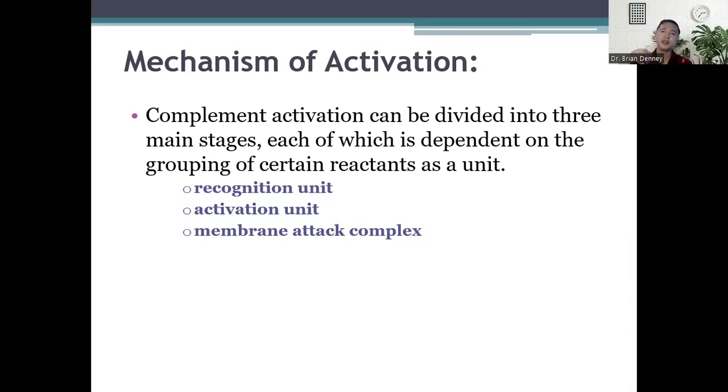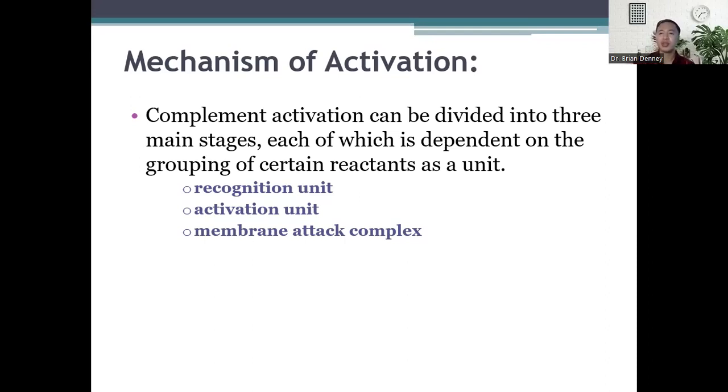Next, question. How many proteins make up the classical complement pathway? You learned no, 9. And these 9 proteins each have a specific stage to which they become activated, to which they participate in. For example, the recognition unit is comprised of the C1 complex.